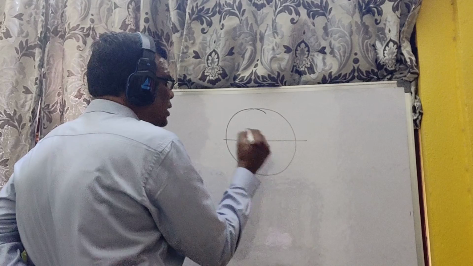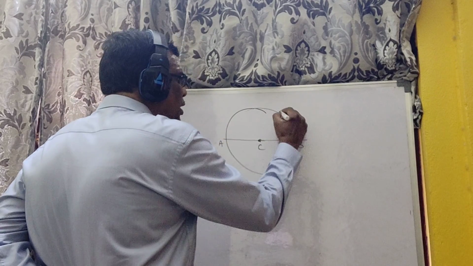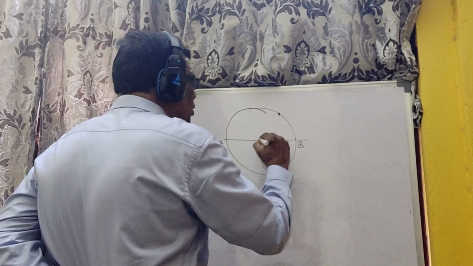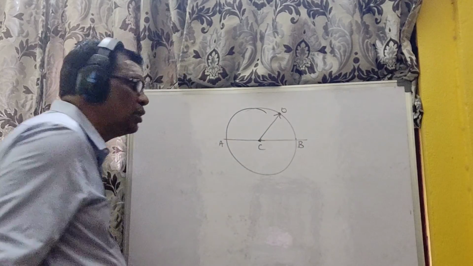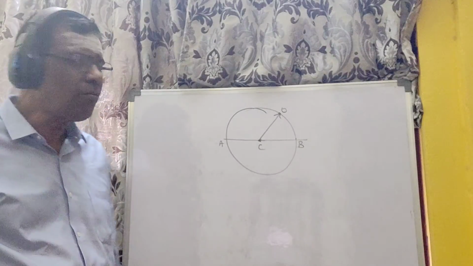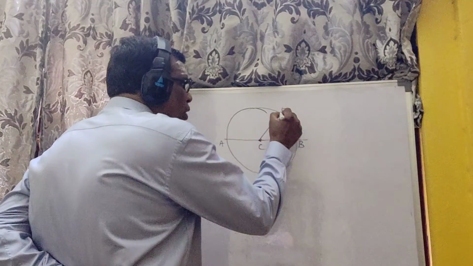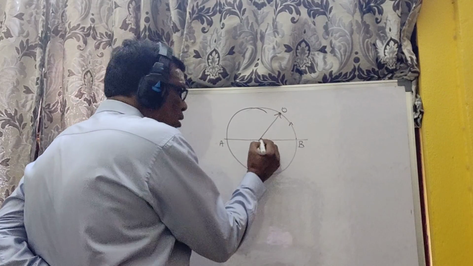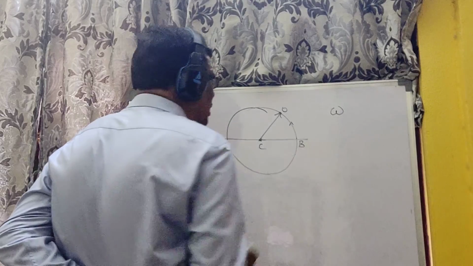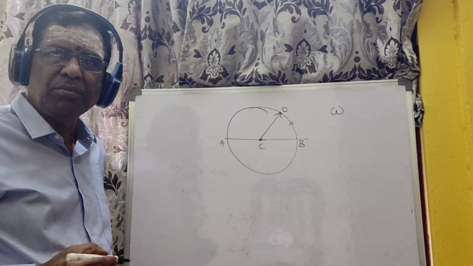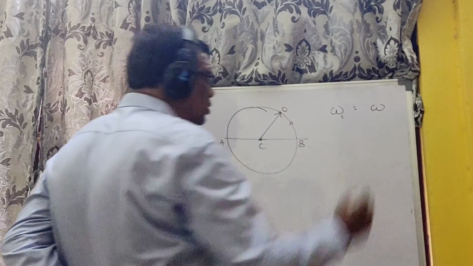This is your center, maybe A, this is B, let us say it has gone to C. Now, let me call this O. Now, if I ask you, let the angular velocity of this particle with respect to C be, let us say, omega. Or I would say, omega C is omega.